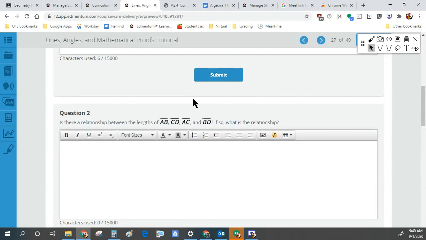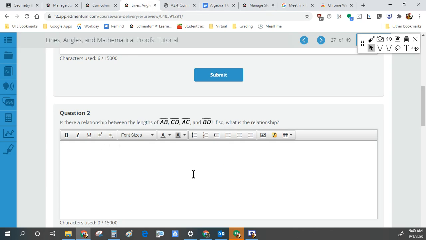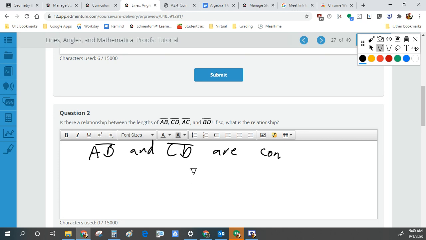So I would say something like AB is congruent to CD. And then I would also say something like, A to C is congruent from B to D. So we're going to say that AB and CD are congruent.